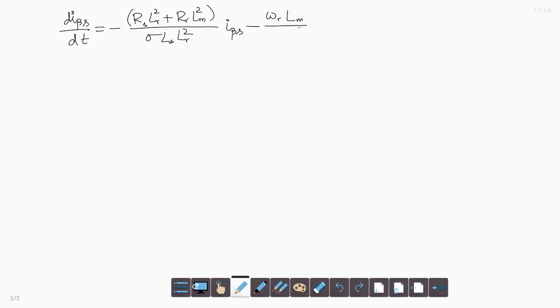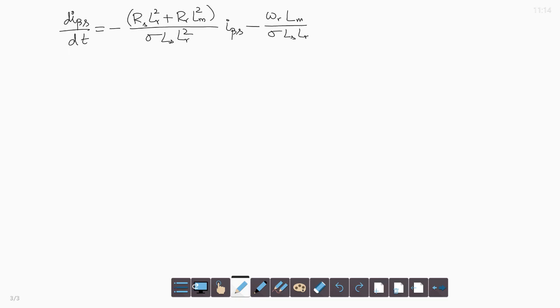So, we have d I beta S by dt is minus R S into Lr square plus RR into Lm square divided by sigma Ls into Lr square into I beta S minus omega R Lm divided by sigma Ls into Lr.